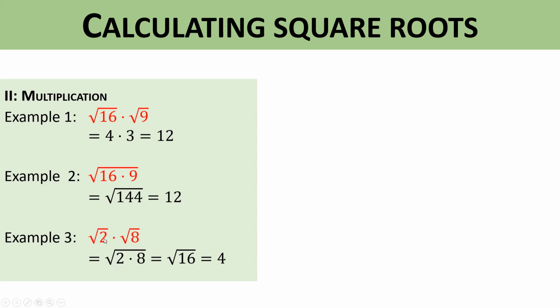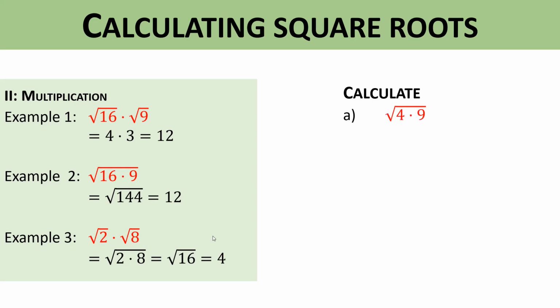So the square root of 2 times the square root of 8 is the same as multiplying 2 by 8 first and then taking the square root. And it turns out we can do that because 2 times 8 is 16 and the square root of 16 is just 4. So this is a very handy way of calculating square roots that you otherwise couldn't calculate.